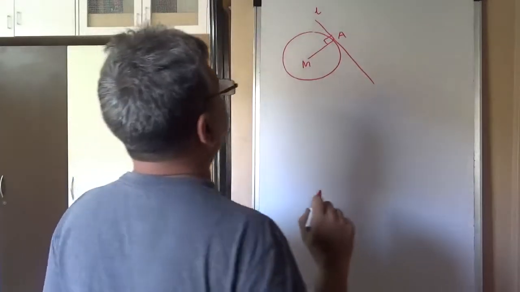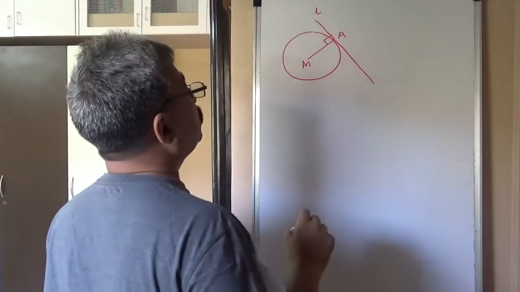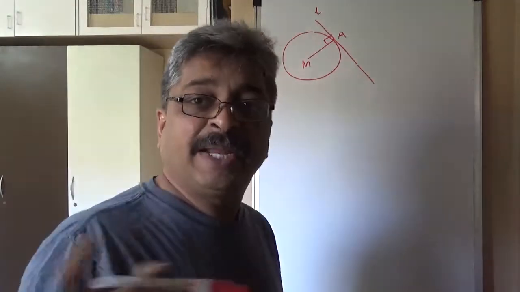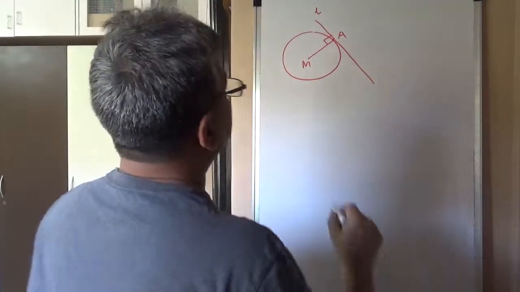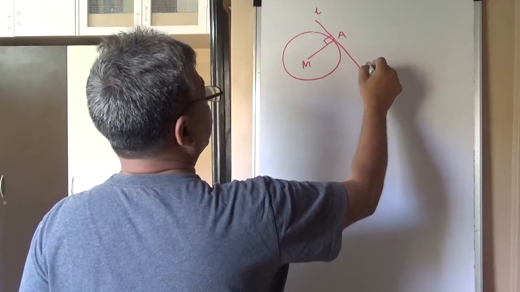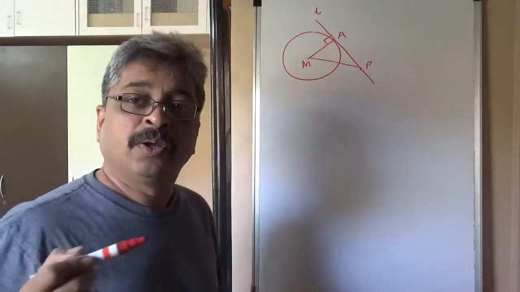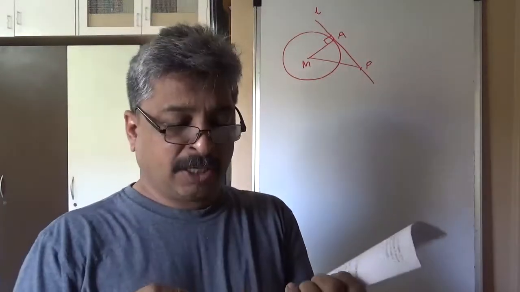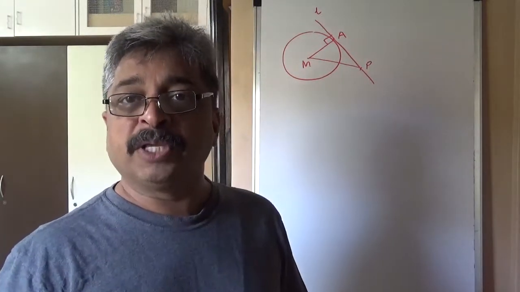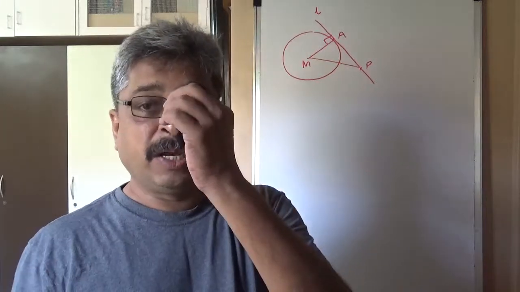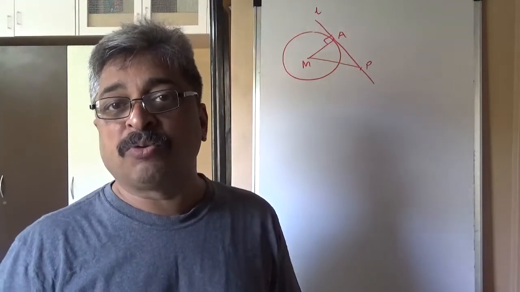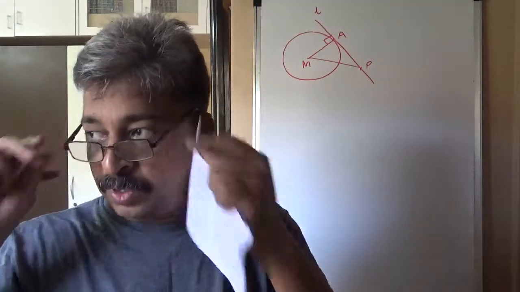So if we want to prove this particular theorem, what do we need to show? That if we take any other point on the line, say P, and we join PM, the distance PM is greater than the radius of the circle. A circle is the locus of all points equidistant from a fixed point.